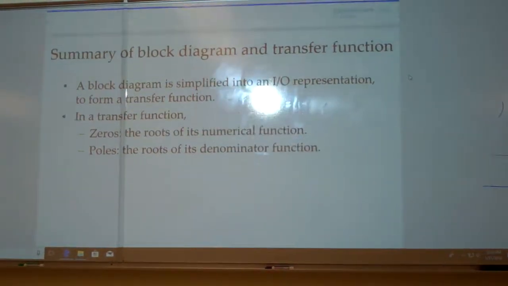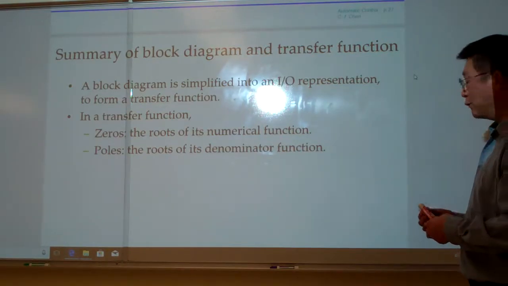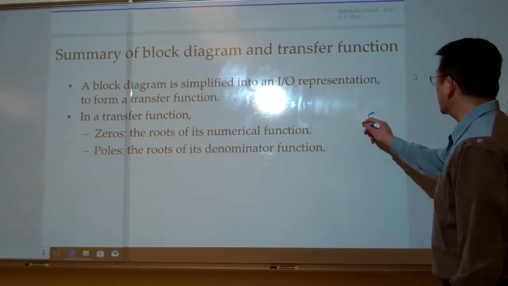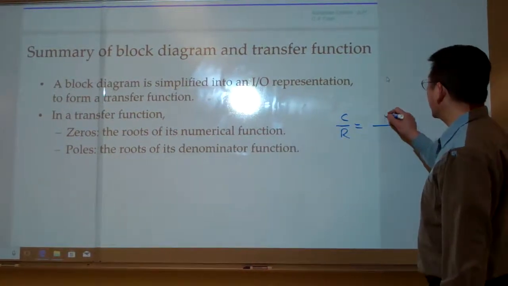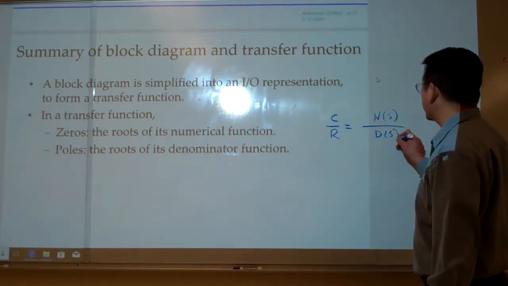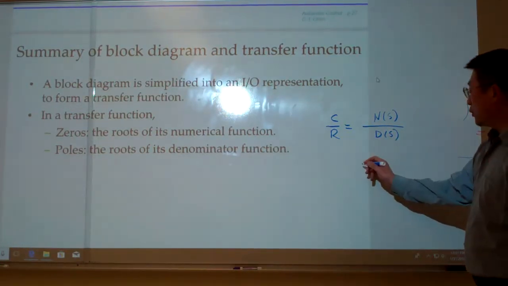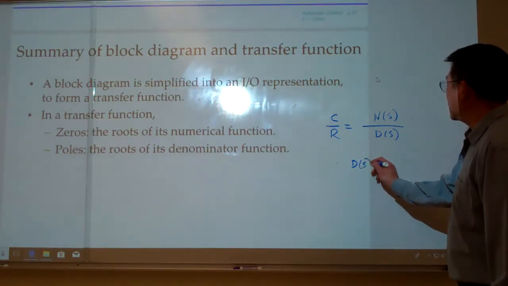So here they summarize, and hopefully we have learned how to do the transfer function. This is the output, this is the input. So this is the numerator polynomial, this is the denominator polynomial. And we know that D(s) equal to 0 is called the characteristic equation. The roots of the characteristic equation, or the roots of D(s), are called the poles. So the poles are the roots of D(s) equal to 0.